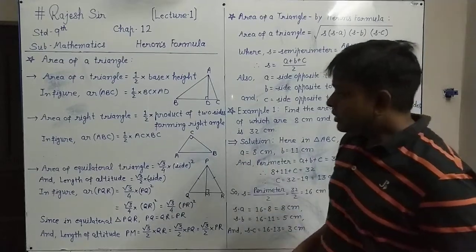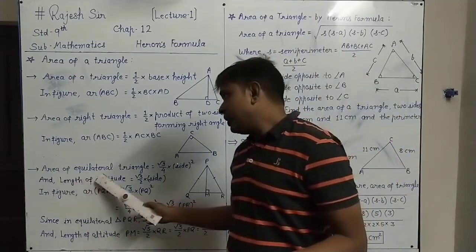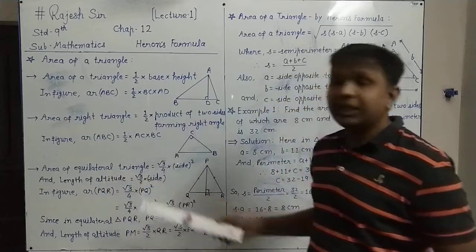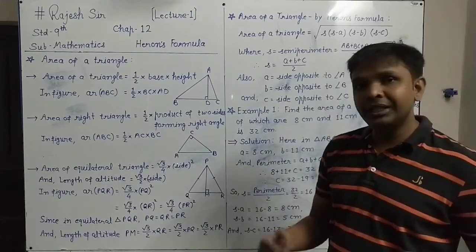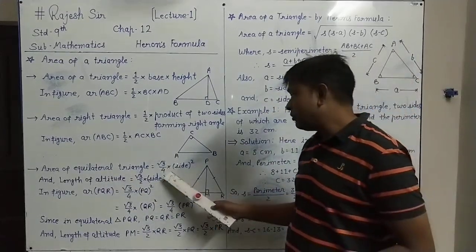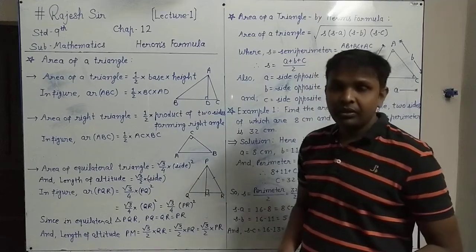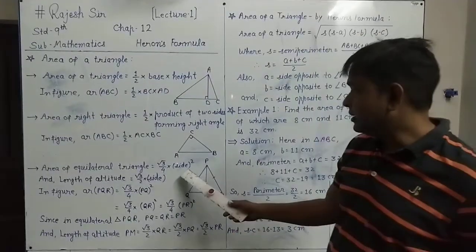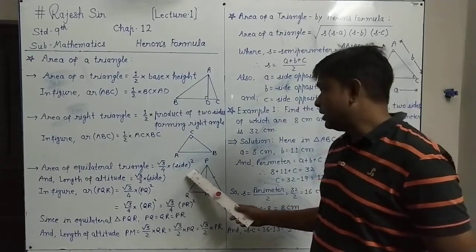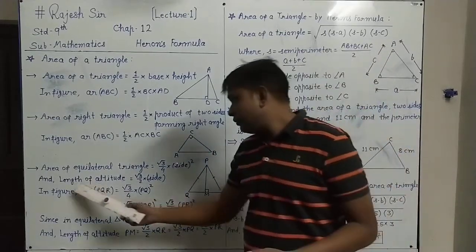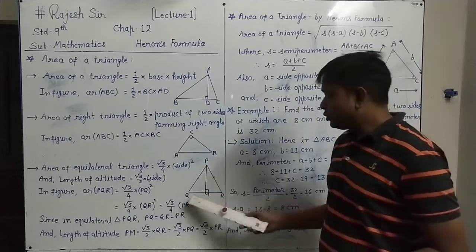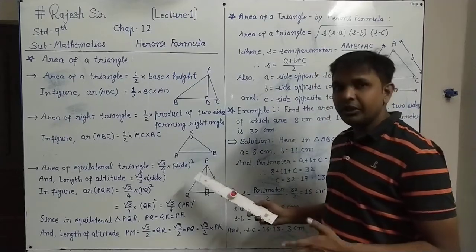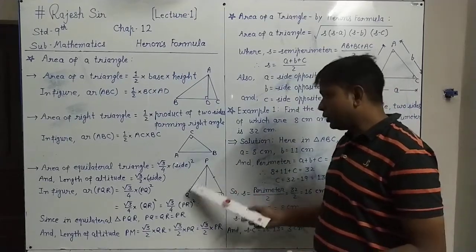So next, the type of triangle is the equilateral triangle. The area of an equilateral triangle, which we have seen in earlier classes, is root 3 by 4 into side square. Because all three sides are equal, we can take any side. Here we have shown the equilateral triangle PQR.